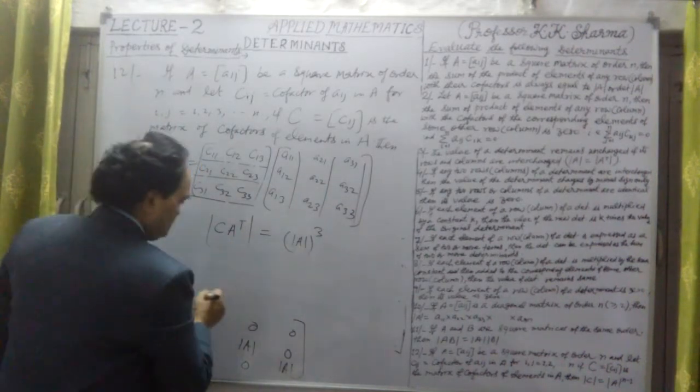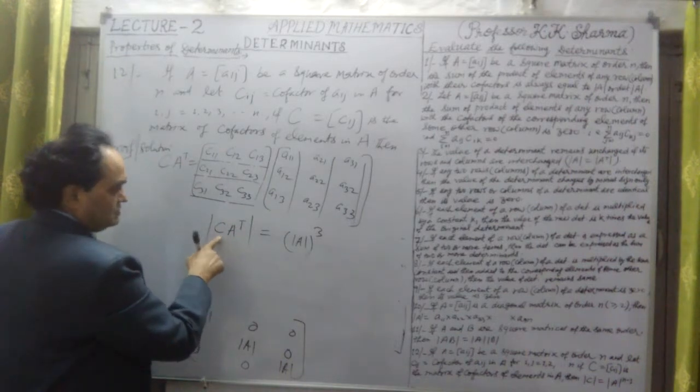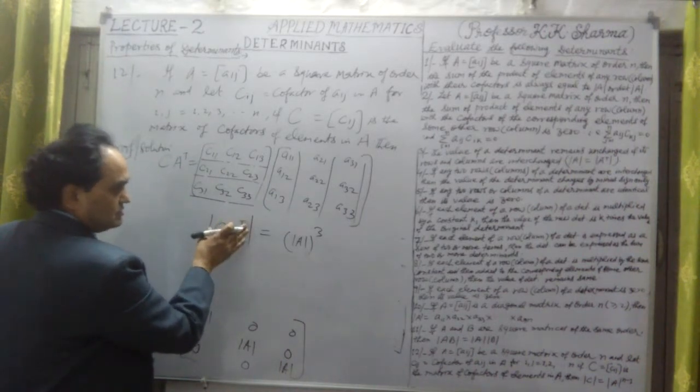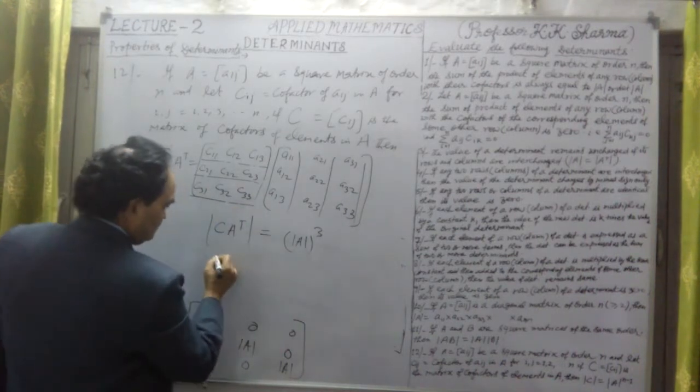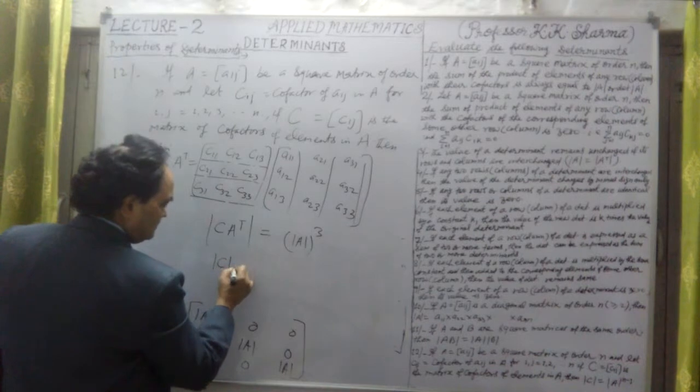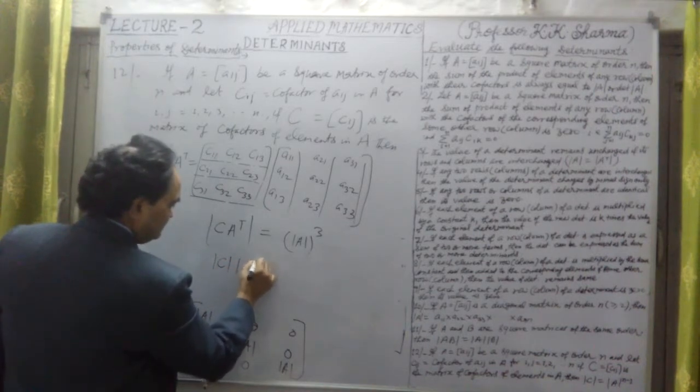Now if we find the determinant of the product C into A transpose of two matrices, that is equal to the determinant value of C into the determinant value of A transpose.